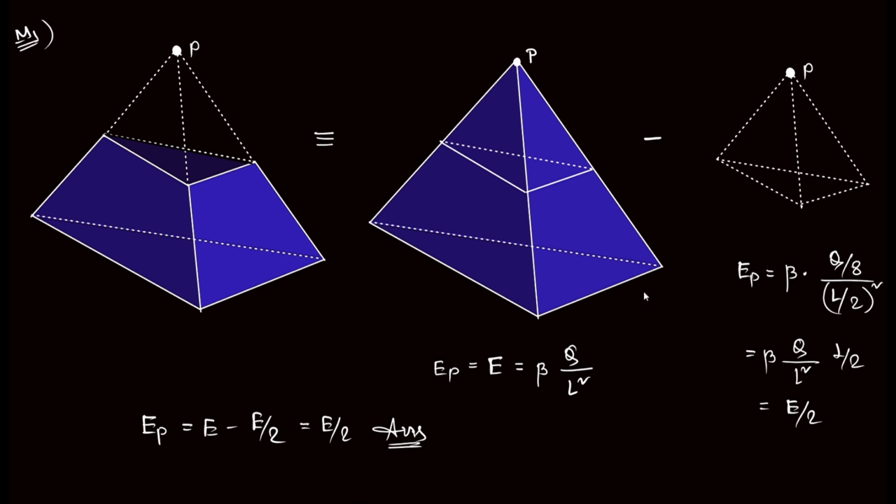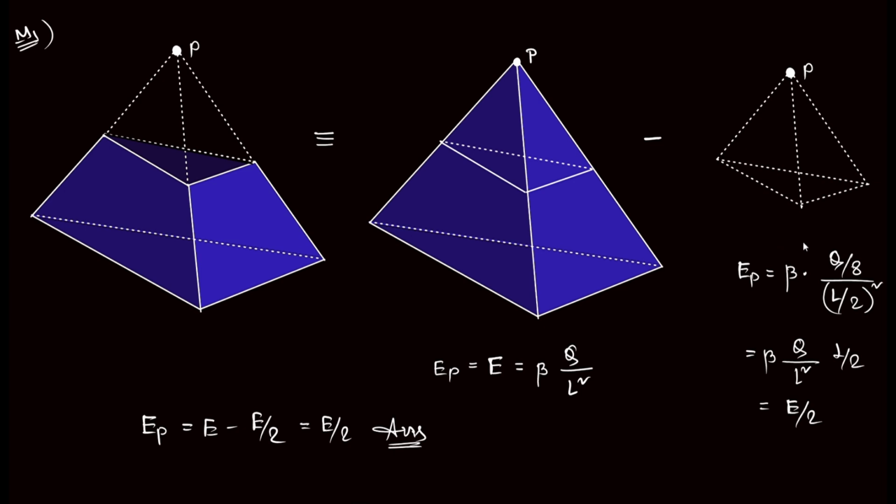And as the charge is uniformly distributed, it is already mentioned in the question, I can say that in every such smaller tetrahedron there will be a charge of q upon 8.